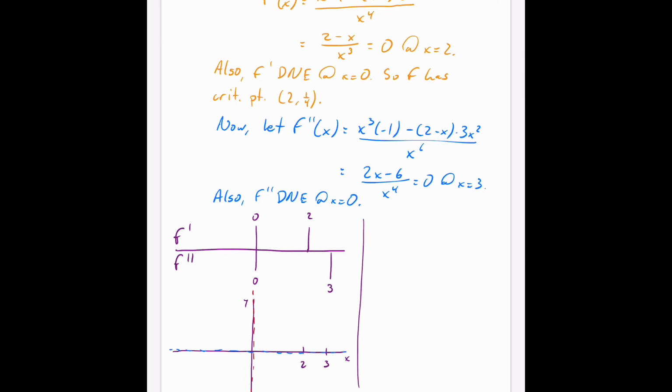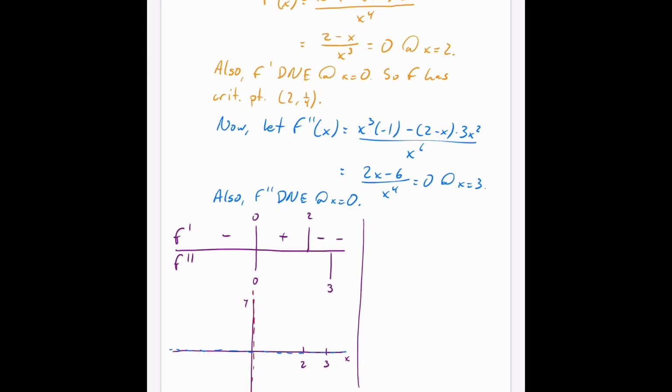Now let's see what's going on here. F prime. What happens if we plug in a negative number into f prime? Well, that's going to be positive divided by negative, which is negative. Plug in the number 1. That's going to be positive over positive. Plug in some other positive number.